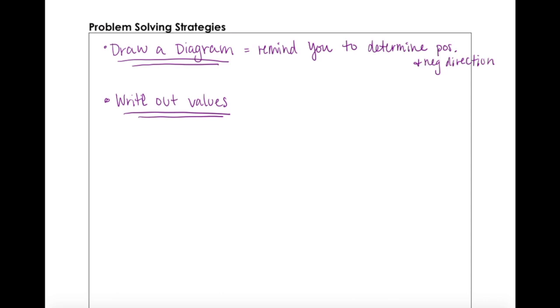The next is choosing the equation. So I would advise that you always have the equation list handy.